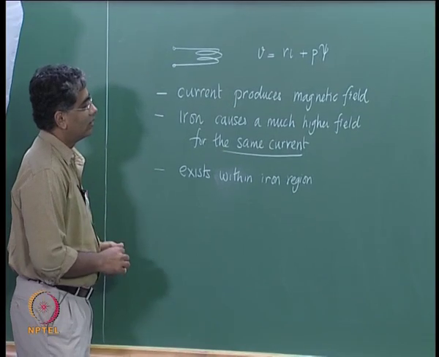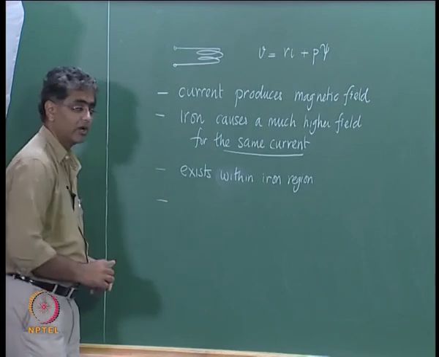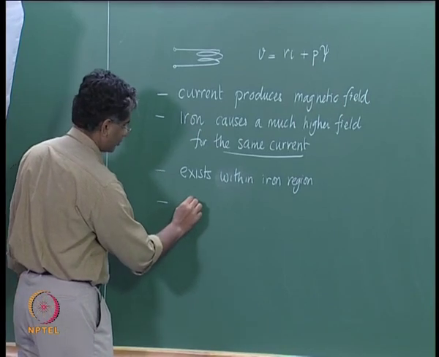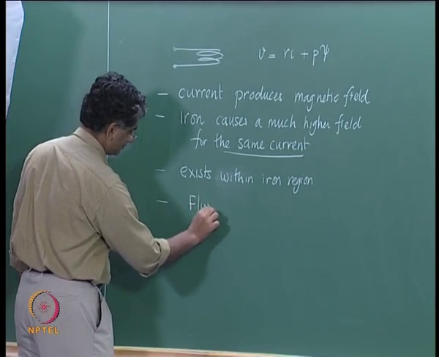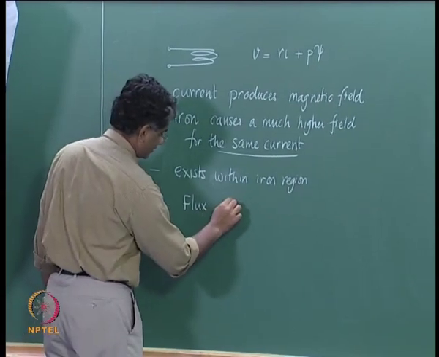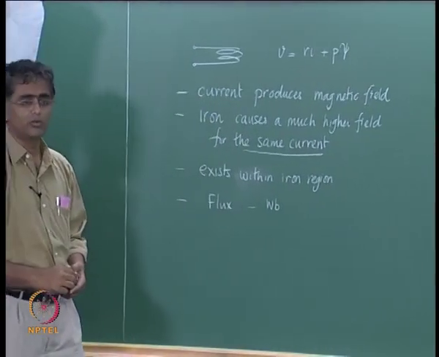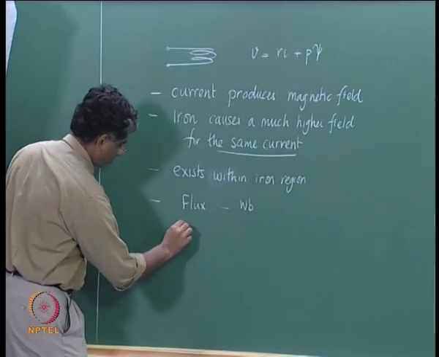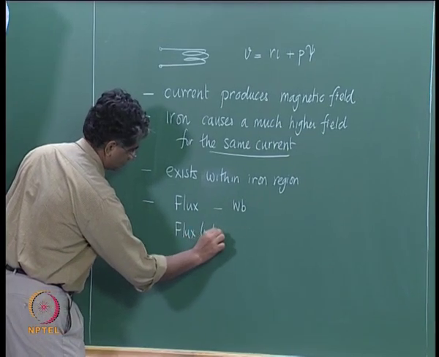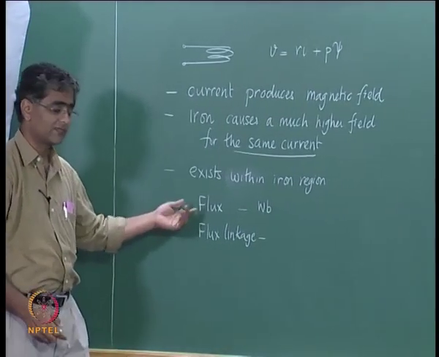And we saw that the field is described by various terms. If you have a magnetic field, you then speak about flux. This is measured in Webers, given the symbol Wb. Then you talk about flux linkage, which is the number of turns linking this flux.